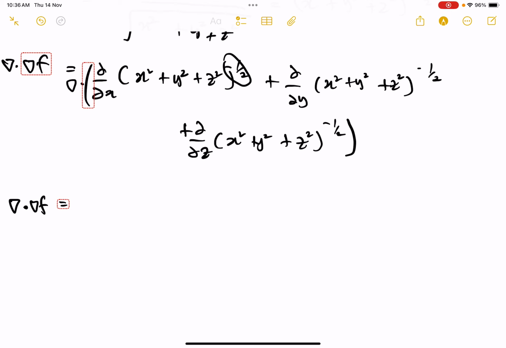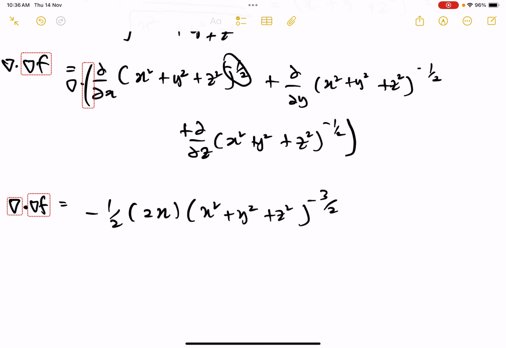So we need to differentiate inside also. We put the power down first, and then we differentiate inside. The rest becomes 0, and then we minus the power.